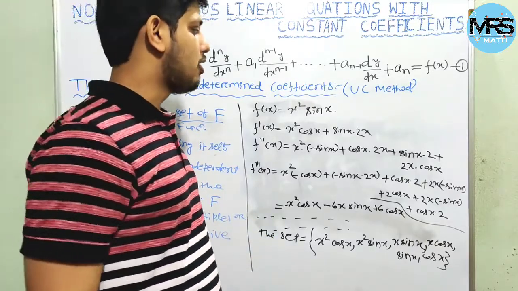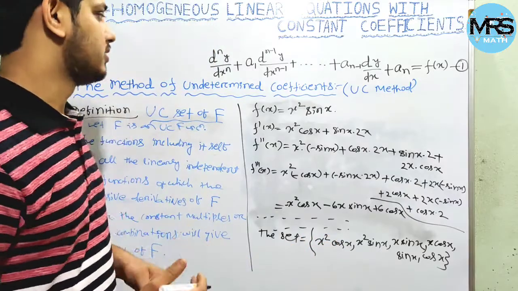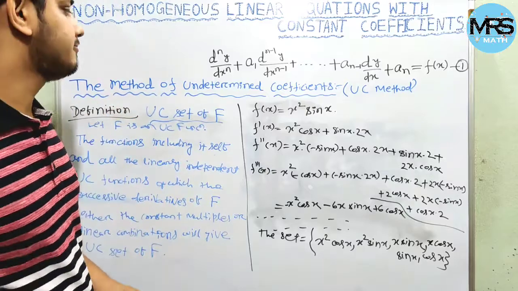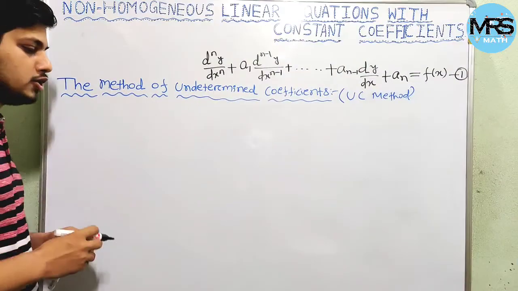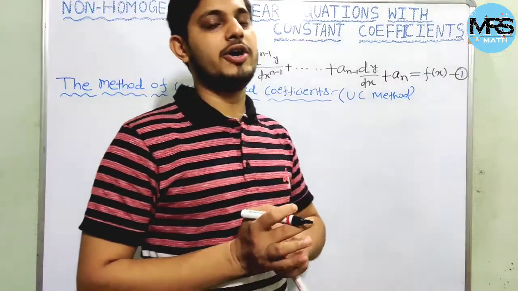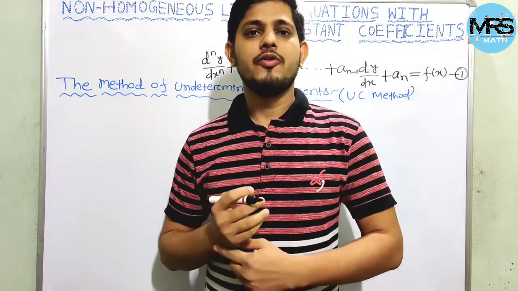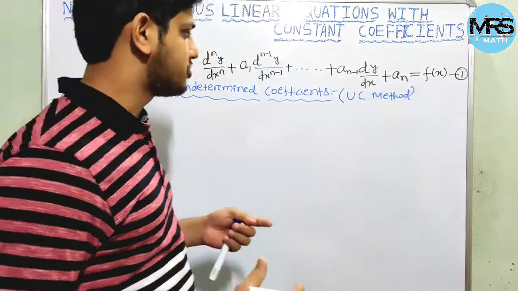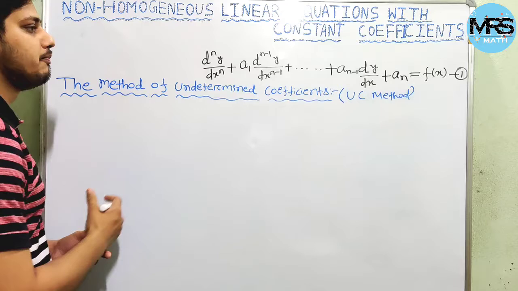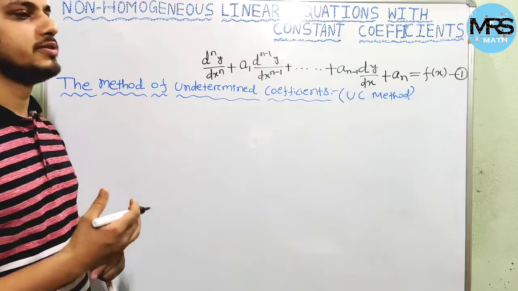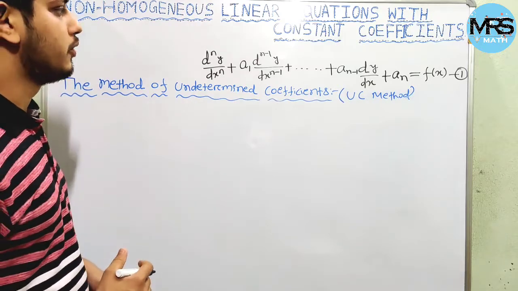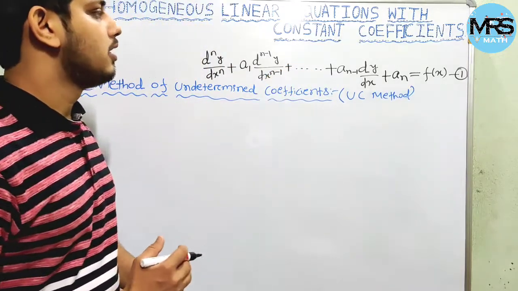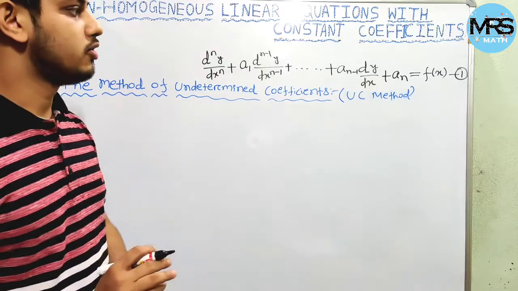Now we will proceed to the method, the undetermined coefficient method. If you understood the undetermined coefficient function and what the UC set of functions is, then we can proceed to the actual method, the undetermined coefficient method, to find the particular integral. As you can see in equation 1, this is a non-homogeneous linear equation with constant coefficients.